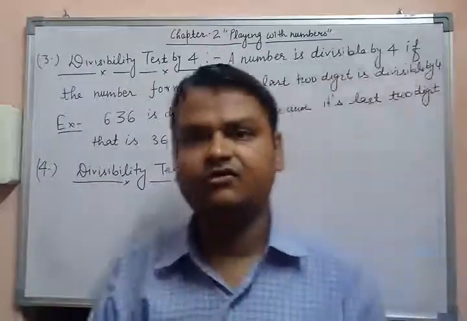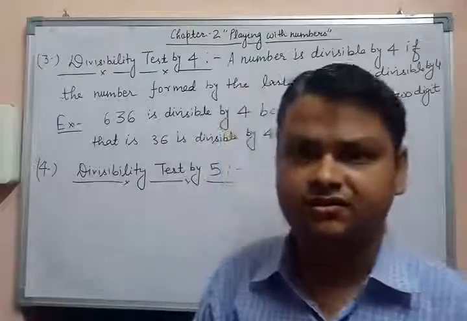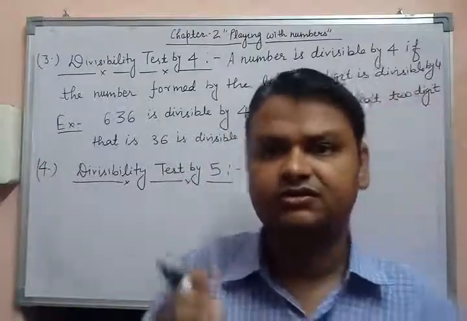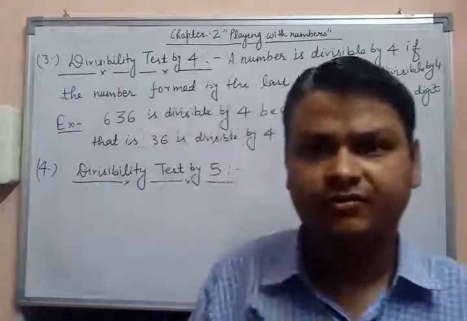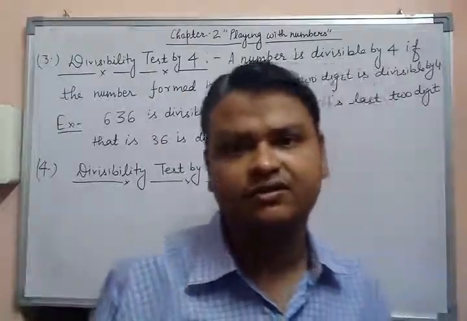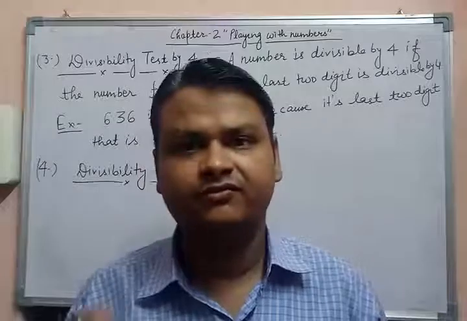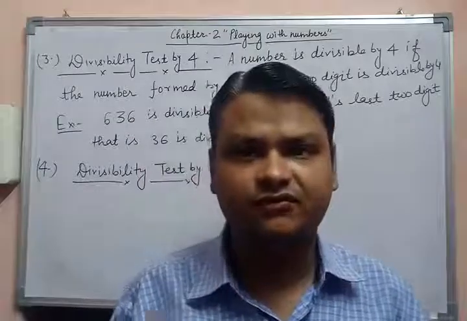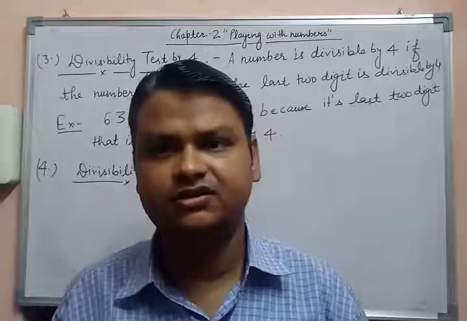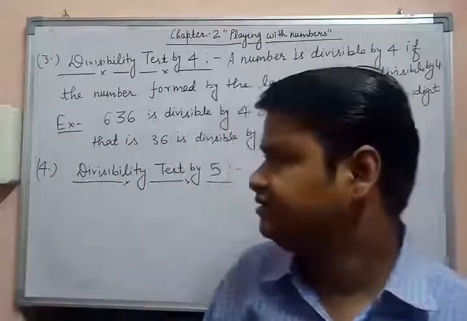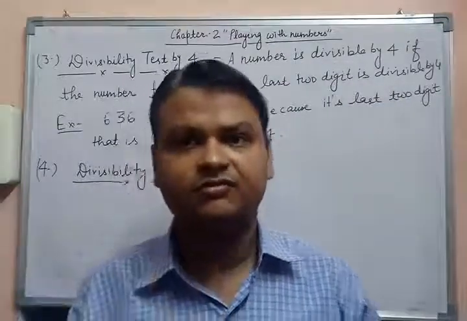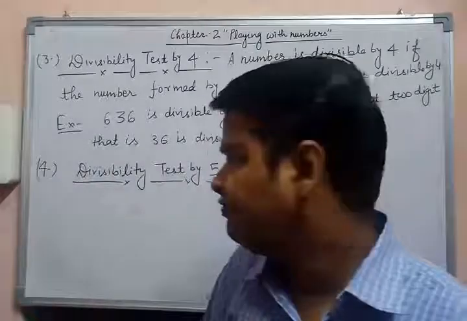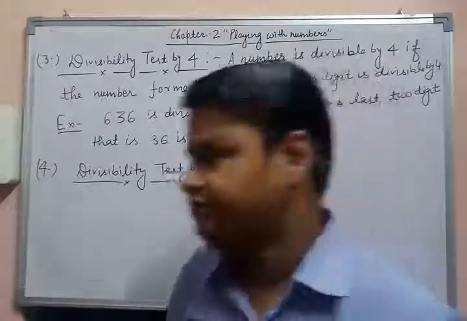You have to check only whether the ones digit is 0 or 5. If you have to check that your number is divisible by 5, then check the ones digit. If the ones digit is either 0 or 5, then the whole number will be divisible by 5. So this is the rule for the divisibility test by 5.